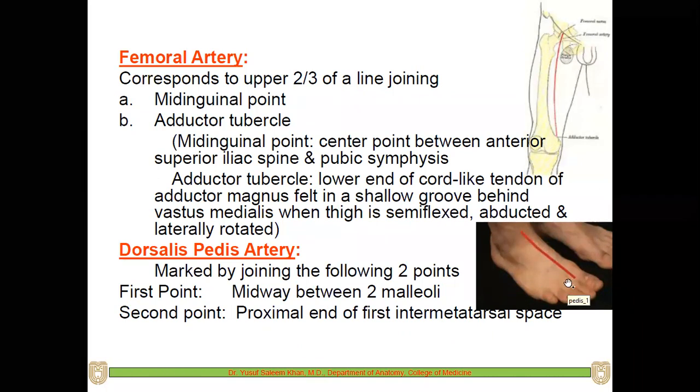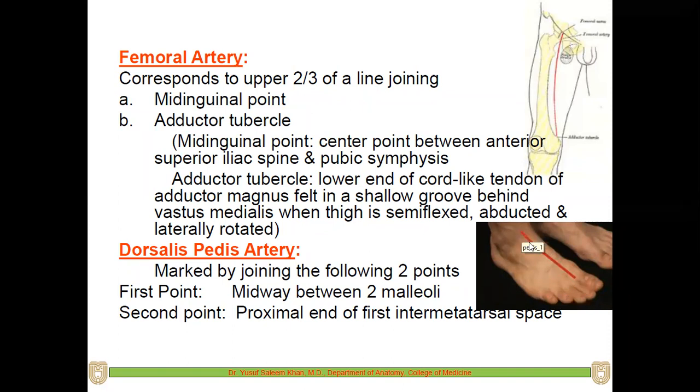This is called the dorsalis pedis artery, a very important artery, the pulsation of which can be felt in the foot, especially in a condition called TAO, where the vessels will be blocked.